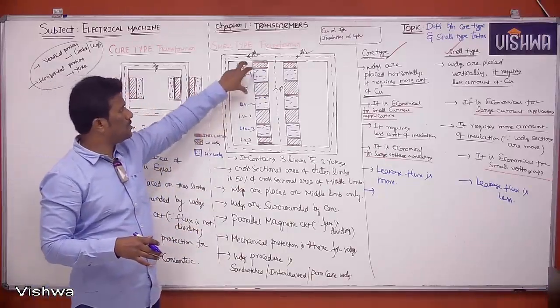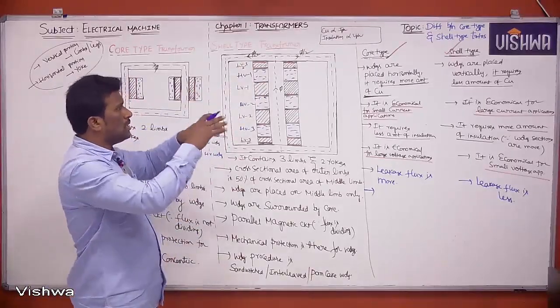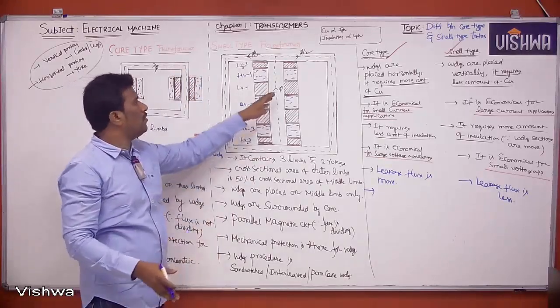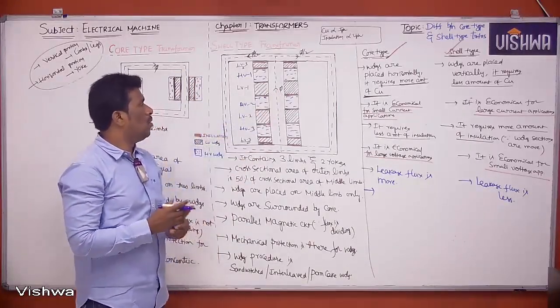Suppose it is shell type: the windings surround the core, so it is very difficult for us to maintain the windings.